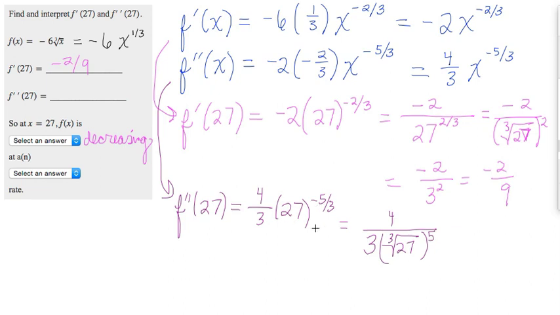I put this in the denominator to make the exponent positive, and I also rewrote this third part as the cubed root. So that gives us 4 over 3 times 3 to the 5th. 3 to the 5th is a big number. I wouldn't expect you to be able to do that necessarily in your head. And actually, look, it's 3 times 3 to the 5th. So it's really 4 divided by 3 to the power of 6.